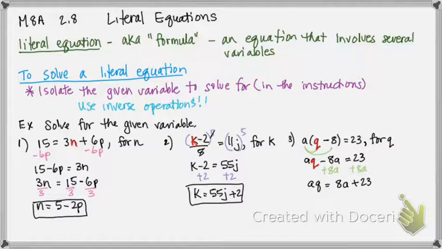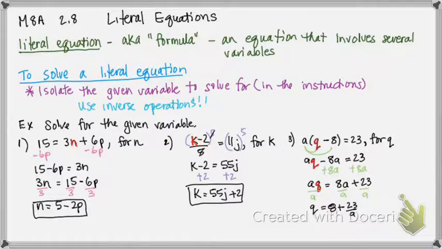That's just my habit. But I want q all by itself, and we still have it being multiplied by a, so we do the inverse of multiplying by a and divide everything by a. That gives me q equals 8 plus 23 over a.